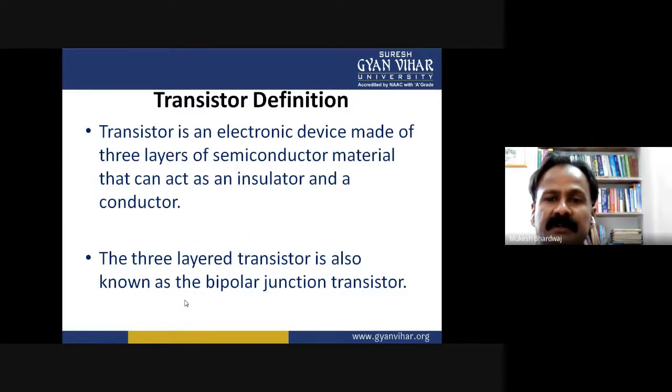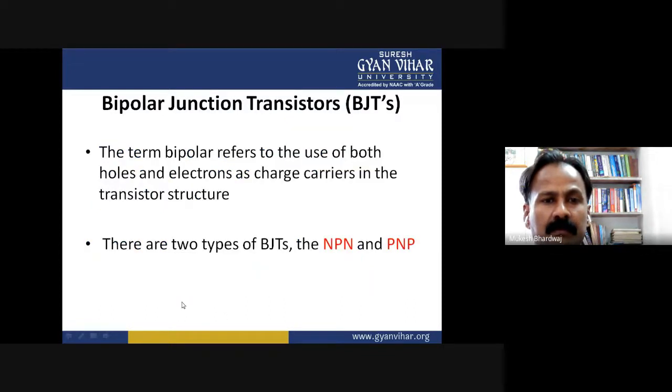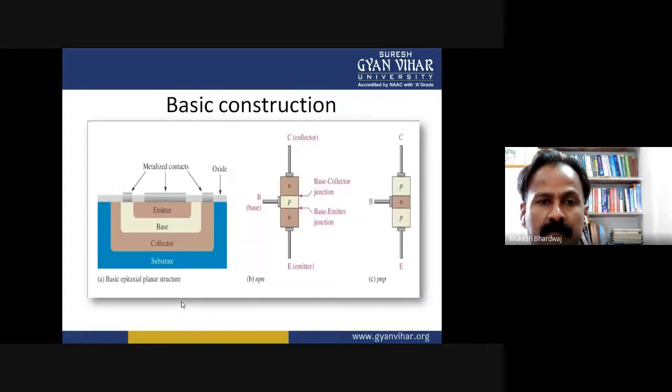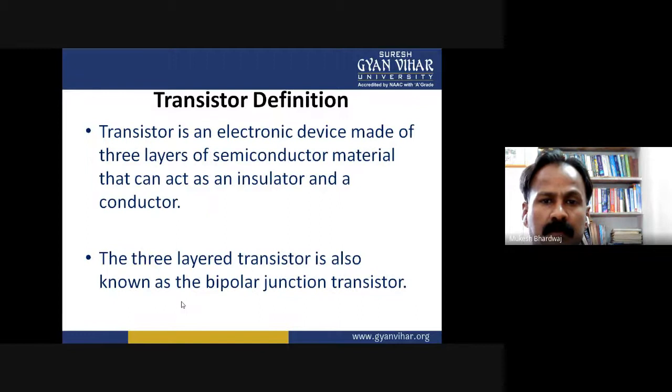Transistor definition: a transistor is an electronic device made of three layers of semiconductor material that can act as an insulator and conductor.